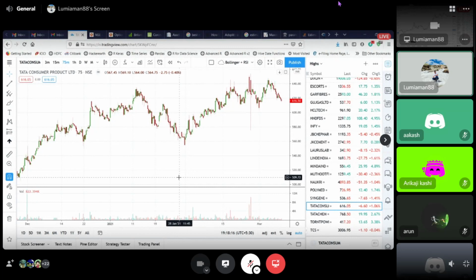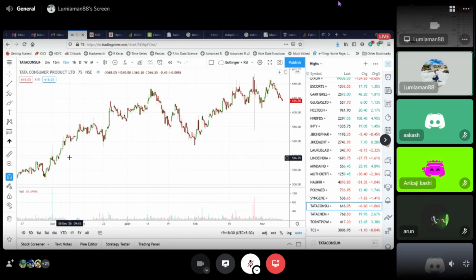What I usually follow is that you should have enough information on the screen that the candles are visible. That's it. You shouldn't zoom out more than that. So this is significantly enough information. This is what, December, Jan, Feb.